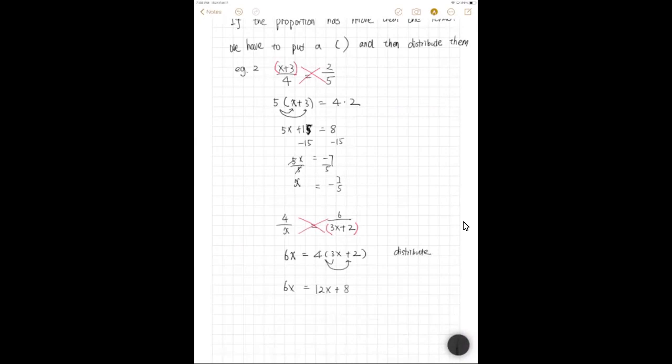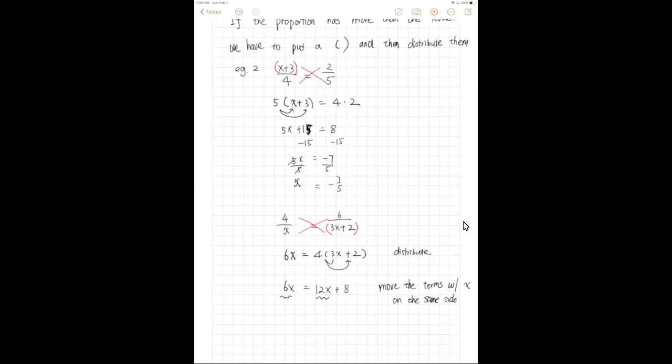Okay, and then what? We want to move the terms with x to the same side. So let's take a look. How many terms with x? We have 6x and 12x. We want to move them to the same side.